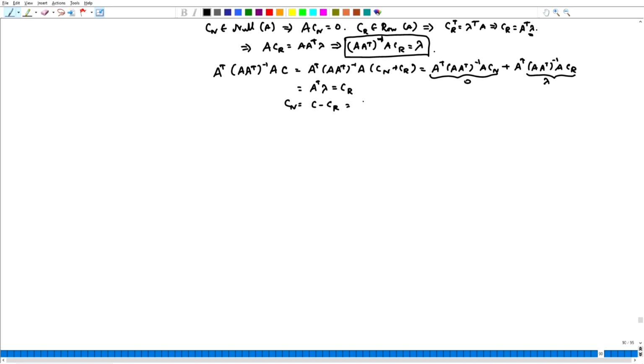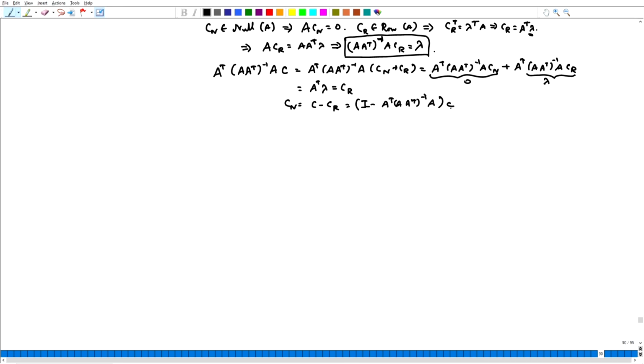So this is just I minus A transpose, A A transpose inverse A, into C. IC is C, and A transpose A A transpose inverse A C is Cr. So this is what Cn is.